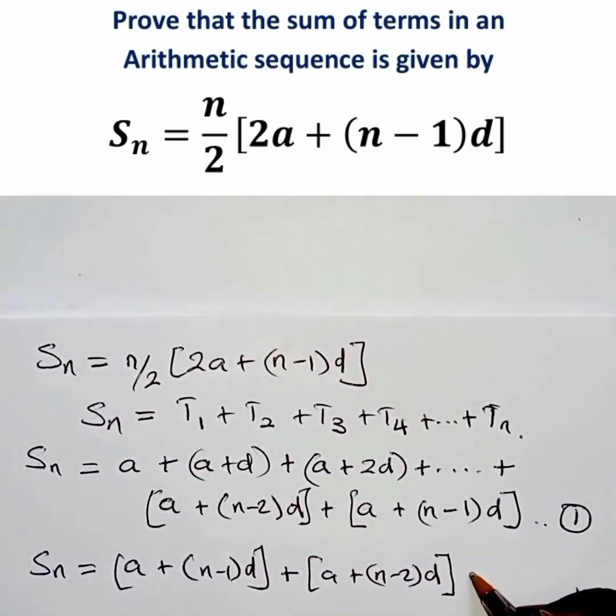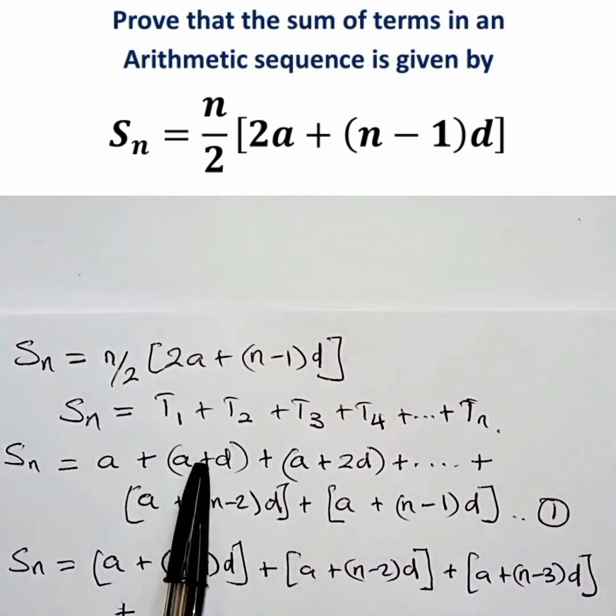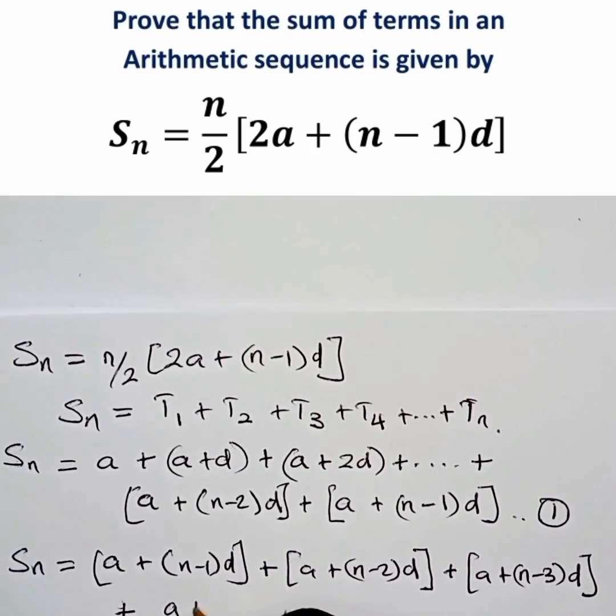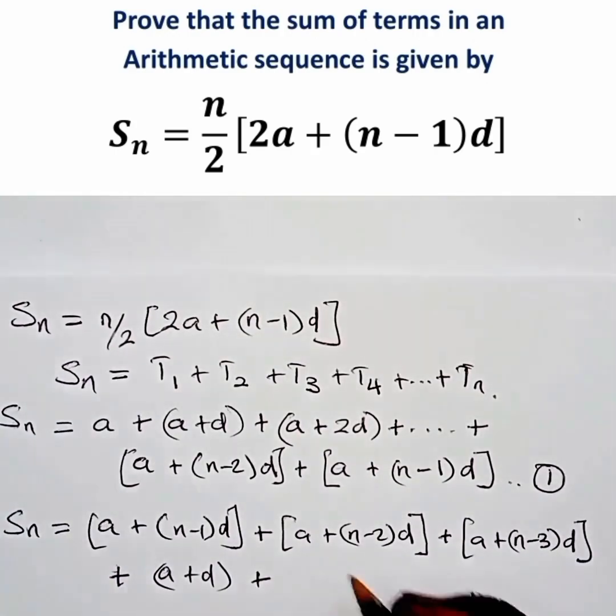Then I'll add another one, plus A plus (n minus 3)D. Then I'll keep on adding up to the point where I'll have A plus D, then plus the first term, that is A. Then I'll have equation number 2.